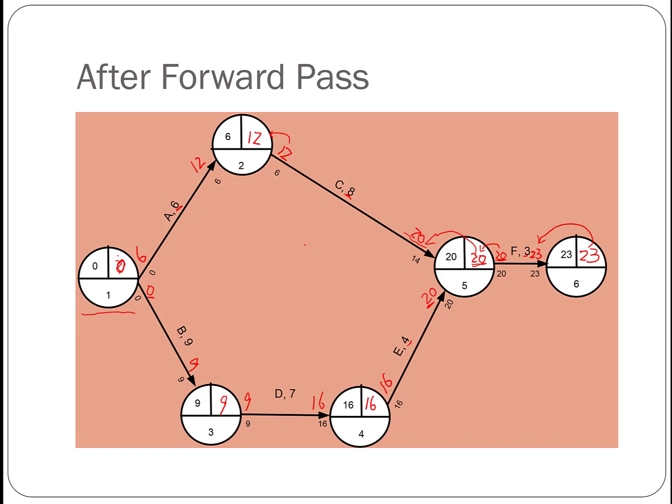Because this node represents the starting of both activities A and B. Even though you can start A by day 6 at the latest, you can only start activity B by day 0. That's the latest. So that means if we start this event on day 6, we're going to be late by 6 days for activity B. So we have to take this smaller value, which is 0 here.